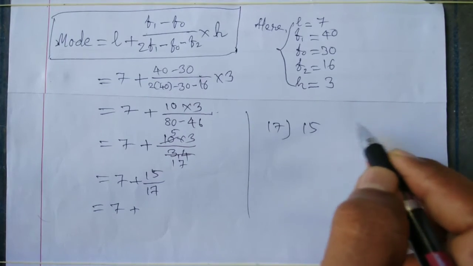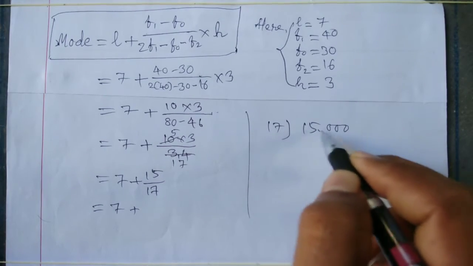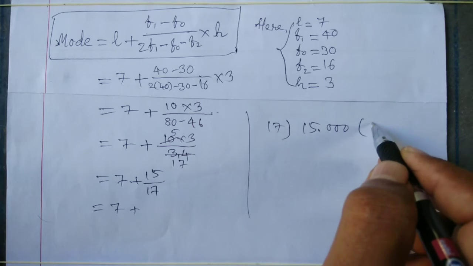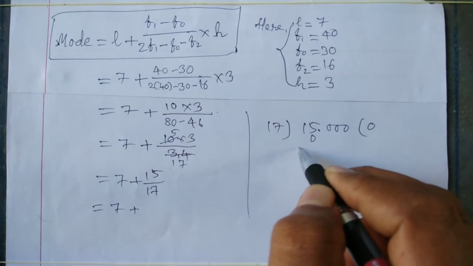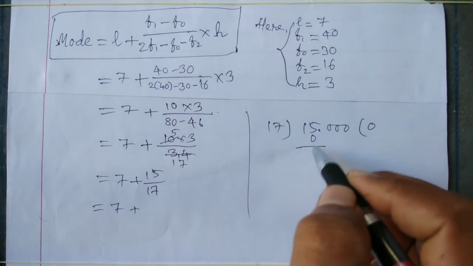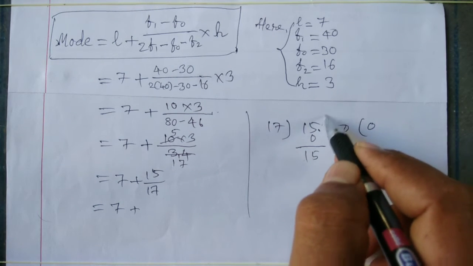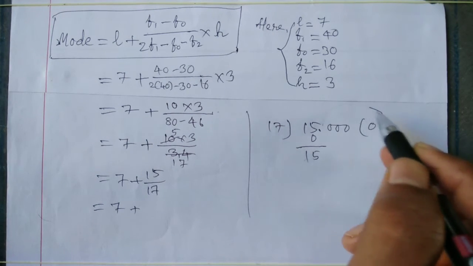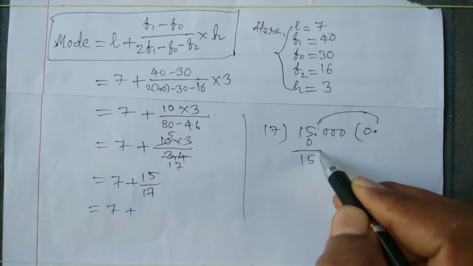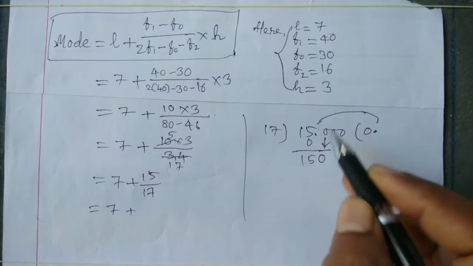15 divided by 17: 17 zeros are 0, 5, 1, place the decimal, bring down this 0.